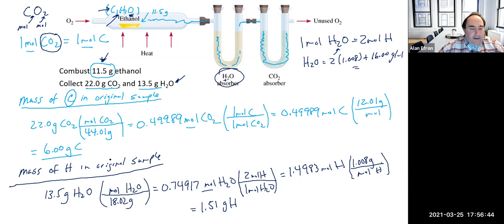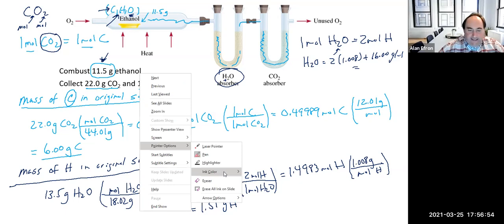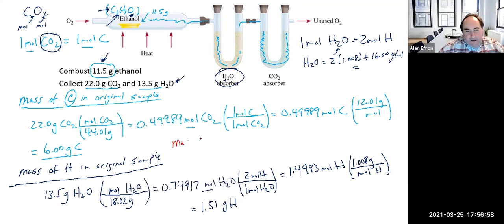Okay, so now that I got my carbon, now that I got my hydrogen, now I can find my oxygen there. What we're going to do is to figure out the mass of oxygen that would be there. We're going to take the mass of the original sample, which was 11.5 grams given to us here. We now know out of that 11.5 grams, 6 grams of it was carbon.